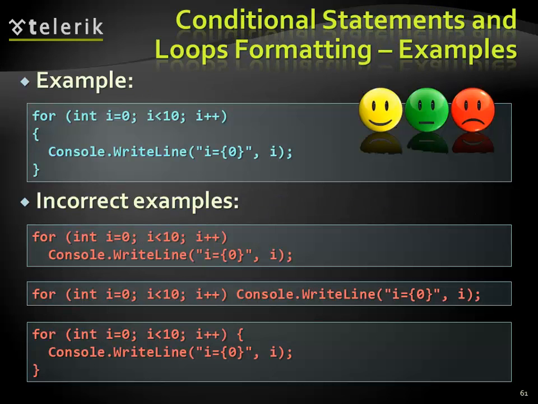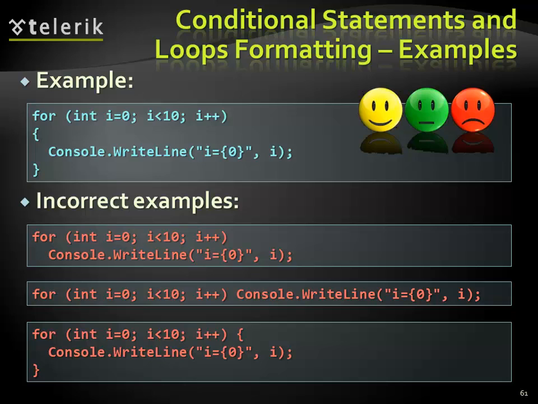And here are a few examples. On the first blue example, everything is as we described according to the best practices, and the three, I wouldn't call them bad examples, because these examples would actually work and they won't be a problem, but they're not really fitting well within the notation of best formatting practices in C#. On the first inappropriate example we don't have braces at all, which is not a good idea. On the second one, again, we don't have braces at all, and the code in the block, which we can't see because we don't have the braces, is on the same line as the loop.